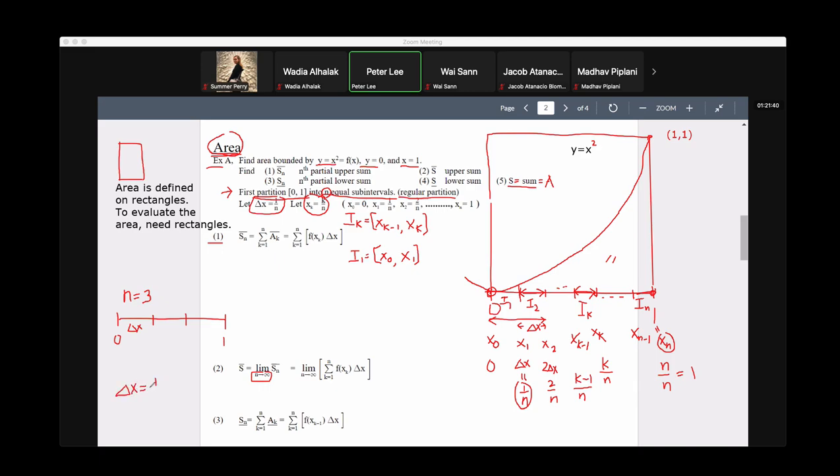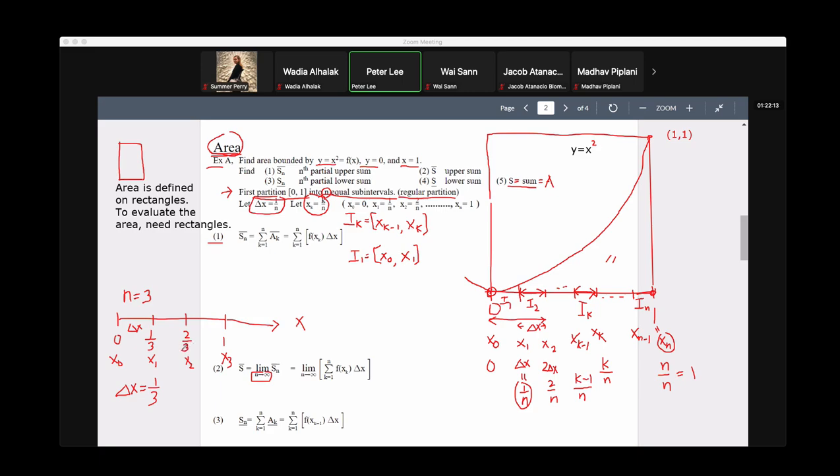Delta x is the length of each interval. So now we call this x0, this one x1, this one x2, and this one x3, and x3 should be 1. This is the x-axis, of course. So what is x1? x1 is, in this case, 1/3. And what is x2? x2 is 2/3.